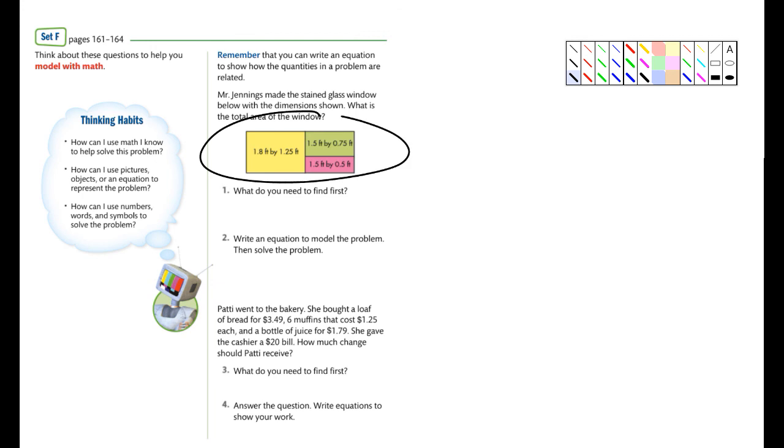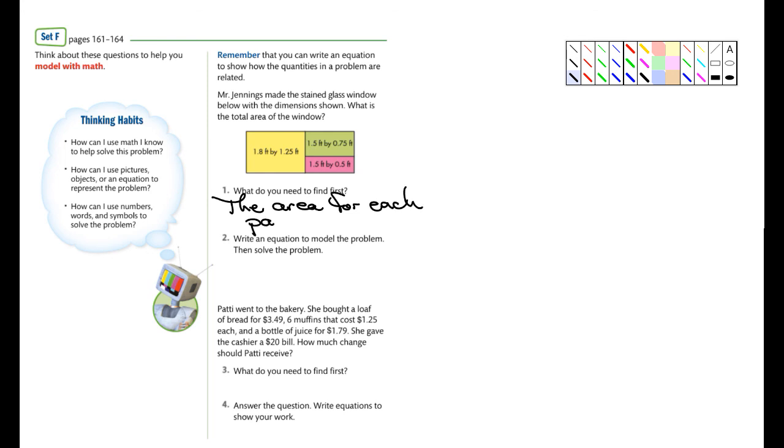So they're asking you to find the area of this window. What do you need to find first? Well, the area for each part, because I see 3 different parts there. So I would say to find the total area, you're going to need to find the area for the yellow one, for the green one, and for the pink one. You're going to need to find all 3.